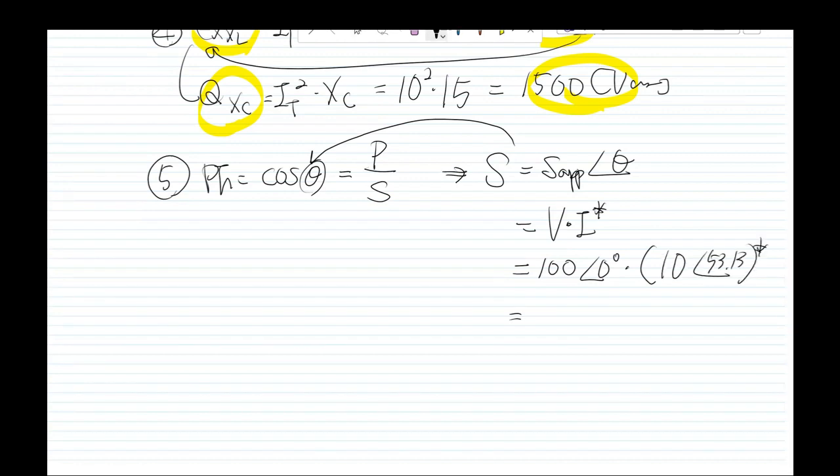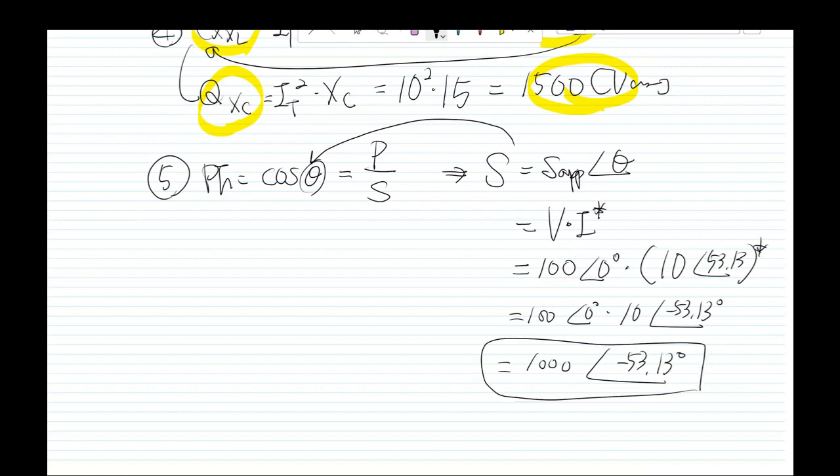The conjugate means 10 at minus 53.13 here.